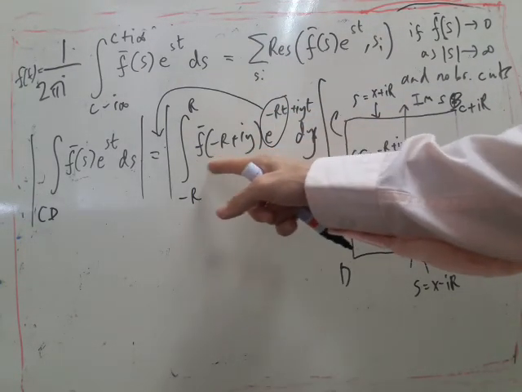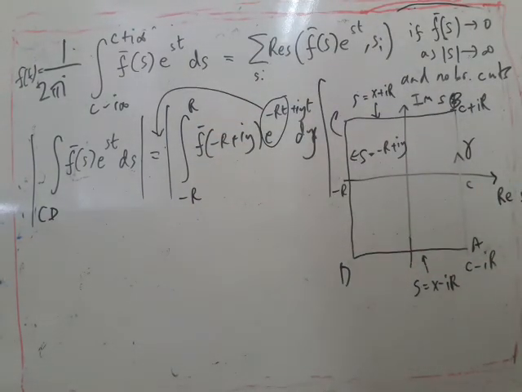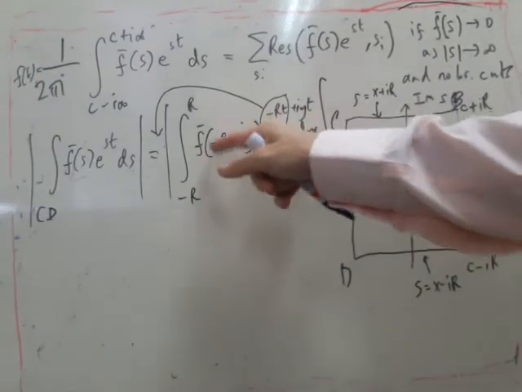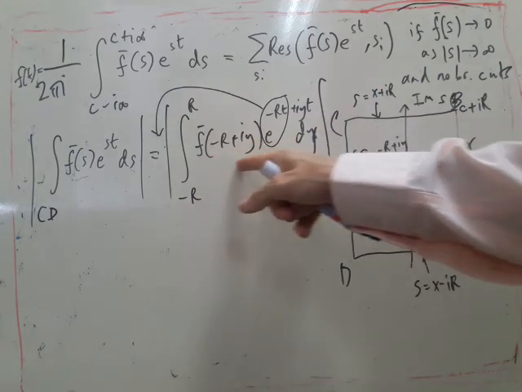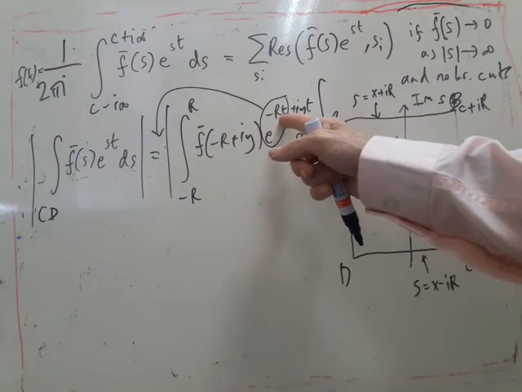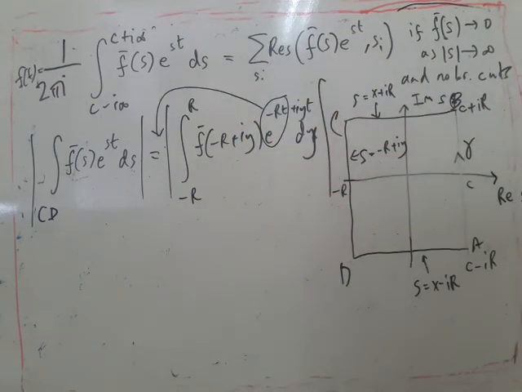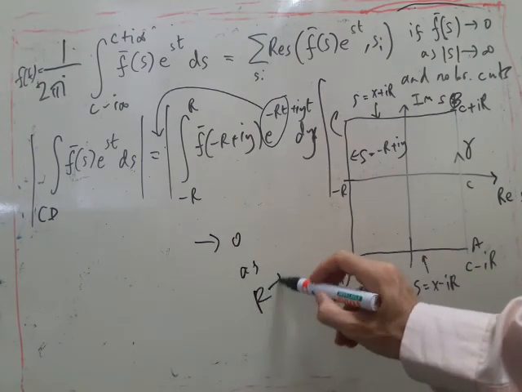So as r gets larger, this is going to infinity, so the argument of this is going to 0. So basically, I'm integrating something which is going to 0. Also, I'm multiplying by e to the minus rt. So obviously, as r goes to infinity, this is going to tend to 0.